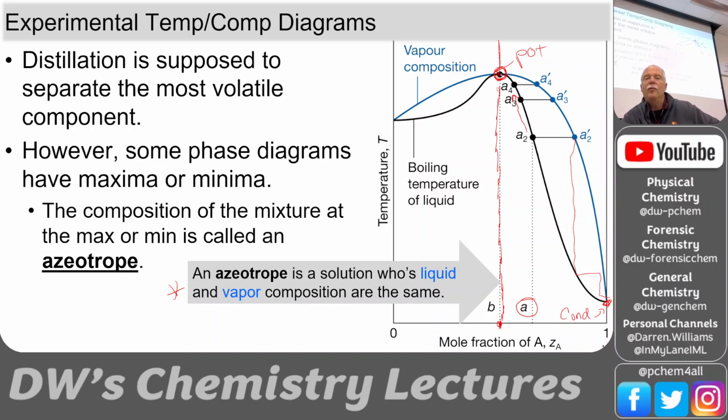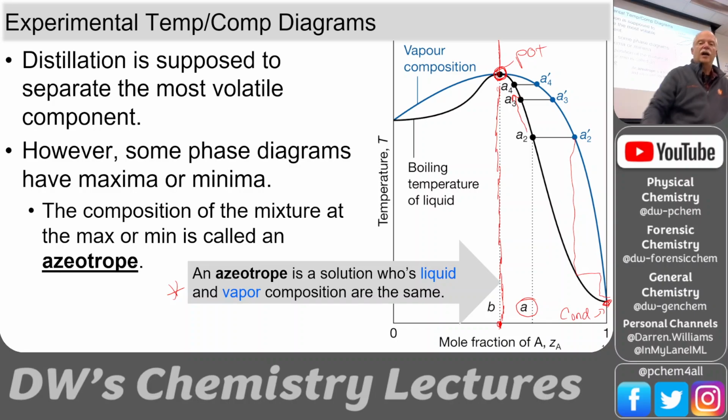You see how the pot would move uphill to that azeotrope? It would not go all the way to the left. The pot would never get past this point, because that's the highest boiling point, and it's the least volatile. So the pot's never going to evaporate until we get to that temperature. And so we're stuck there.